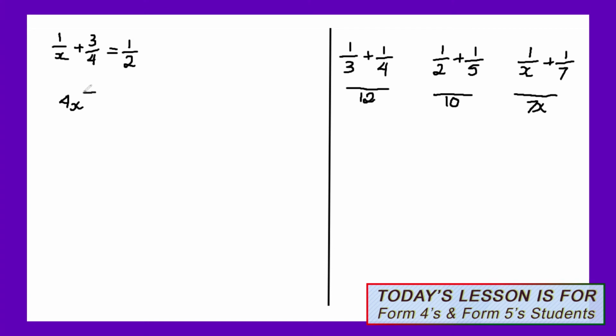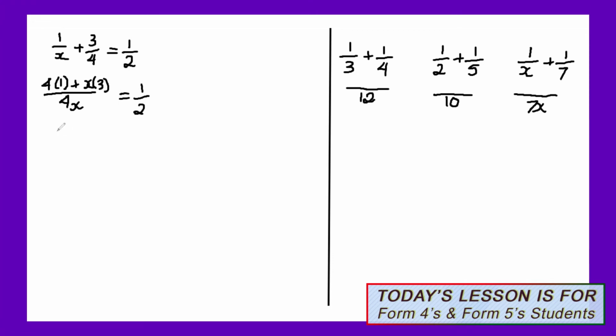And so now we found the lowest common multiple between x and 4, and so we can continue with the question. So 4x divided by x leaves us with 4, and that would be 4 multiplied by 1, plus 4x divided by 4 leaves us with x, so that would be x multiplied by 3, and that is equal to 1/2.